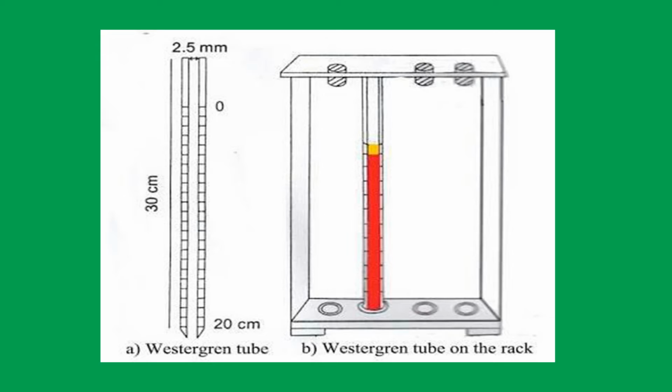So this is the setup for your ESR using the manual method, specifically your Westergren method. A specialized tube is filled with whole blood with anticoagulants and left to stand for about 1 hour, and the drop in the RBC level is then measured.